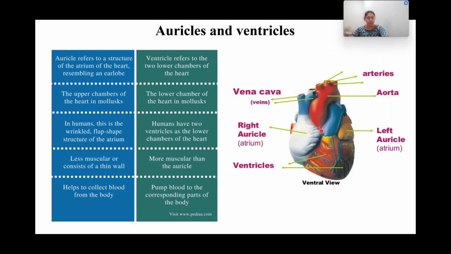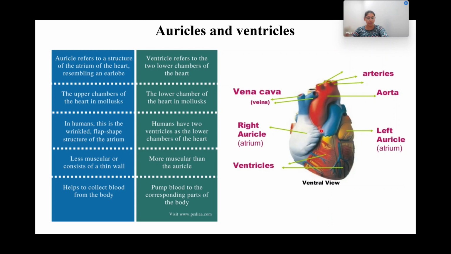In the auricles you have less musculature, while the ventricles have more musculature. The main purpose of the auricle is to collect the blood from the body, while the ventricles are responsible for pumping the blood to the corresponding part of the body. Corresponding part means it's either sending the blood to the lungs for purification or sending the blood to the body organs for facilitating the exchange of nutrients and gases.